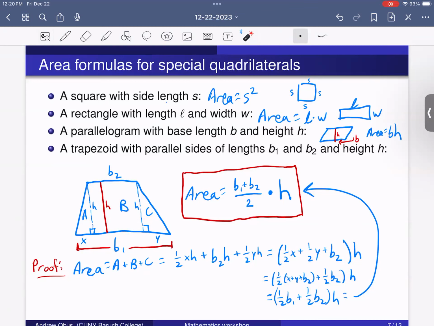And this right triangle has area 1/2 YH. If you combine them and do some algebra, it gives you exactly this formula. So this is the area formula for a trapezoid. You take the average of the two bases and multiply it by H, the height, which is the distance between the two bases. The bases are the parallel sides.